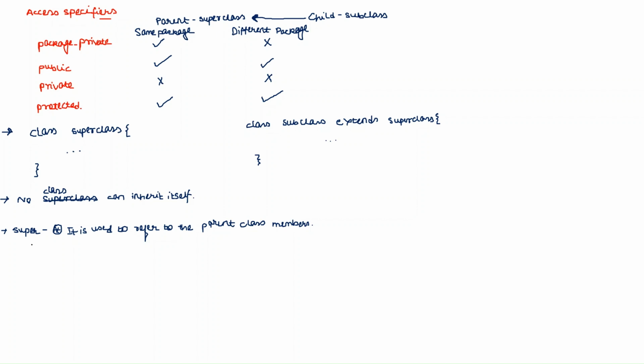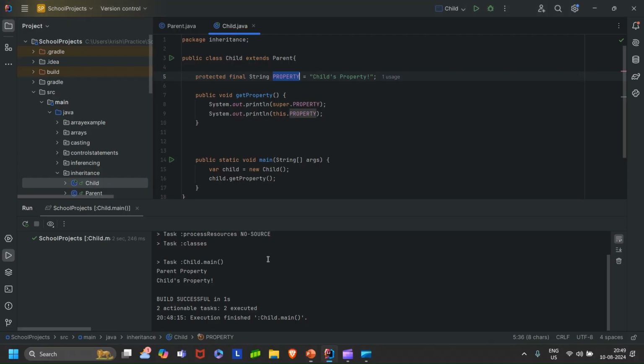The other use of super that we'll be studying is it is used to invoke the parent class constructor. So we'll come to this particular thing, to call the superclass constructors, after a while. Let us first discuss and create a constructor in the parent class.